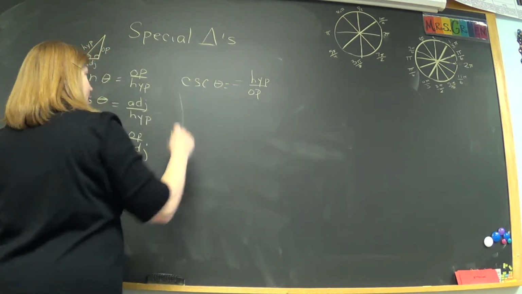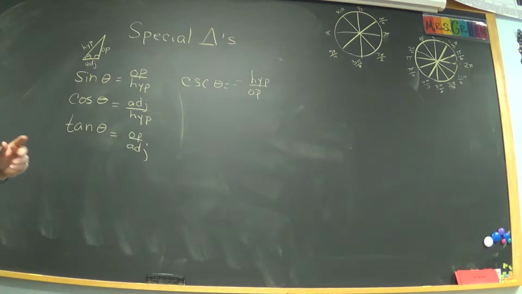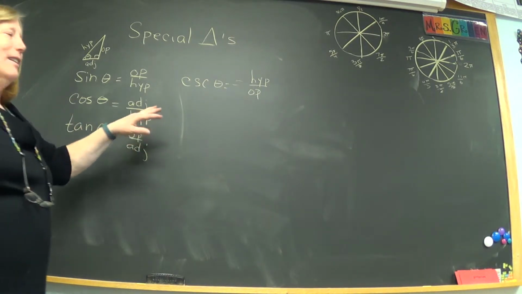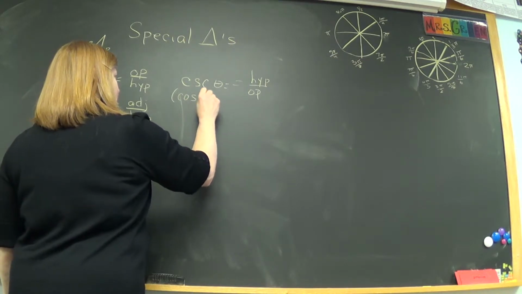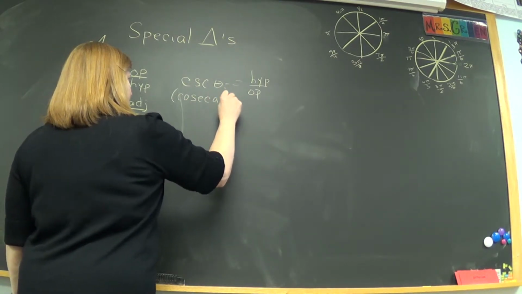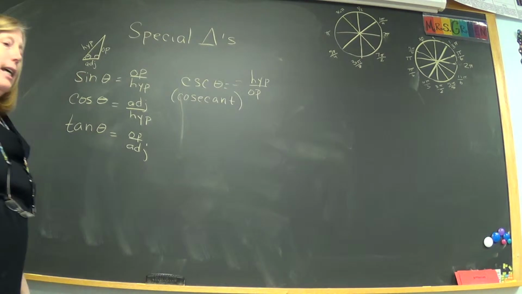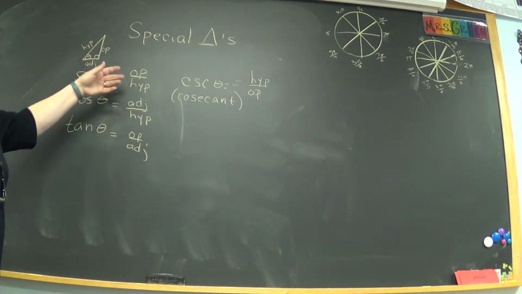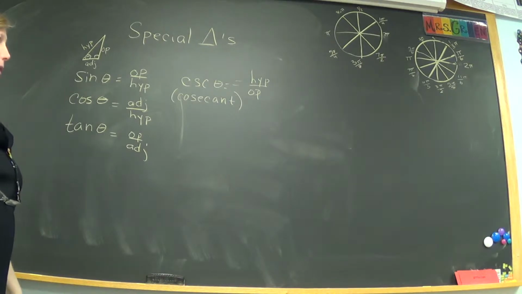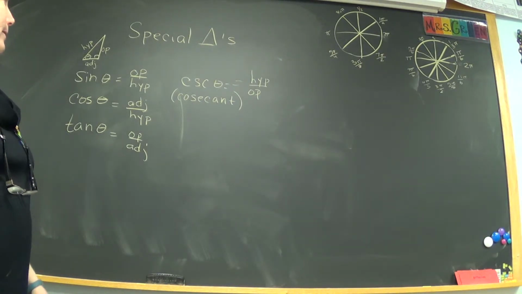We have never done that. All right, welcome to some new information. It's spoken as cosecant, but its symbol is CSC, and it is just the reciprocal of sine. Whereas sine is opposite over hypotenuse, cosecant is hypotenuse over opposite.